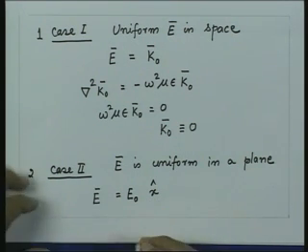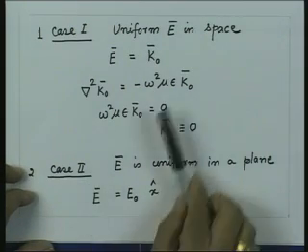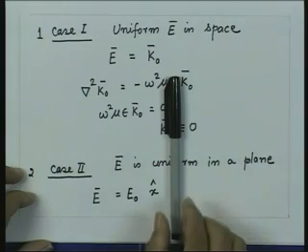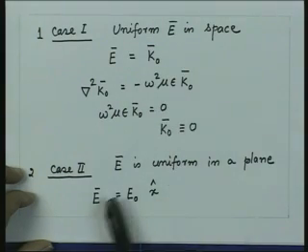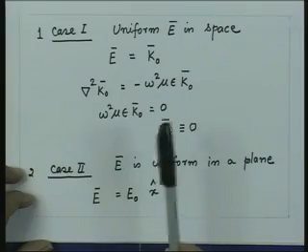And now we are assuming that E is uniform in a plane. Once E is oriented in x direction, there are two possibilities: E is constant in a plane which is containing the x axis, or it is constant in a plane which is perpendicular to the x axis. That means we are assuming that the electric field is constant in a plane perpendicular to its direction, or the electric field is constant in its plane.